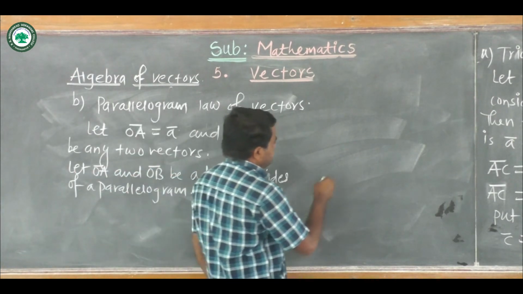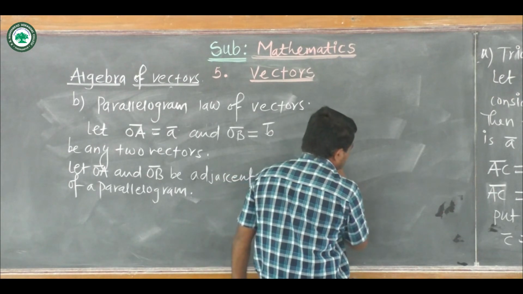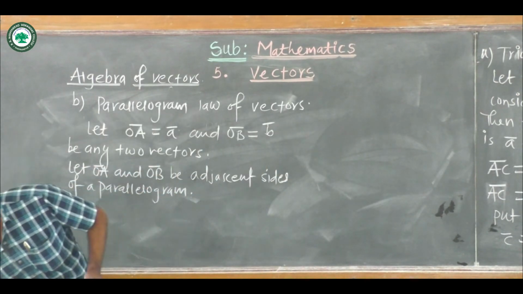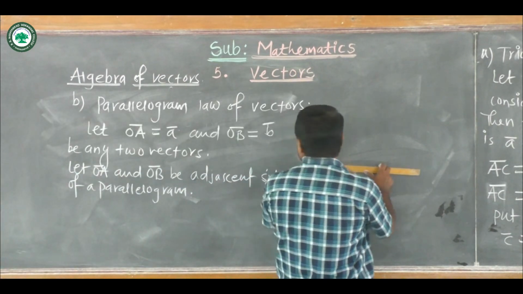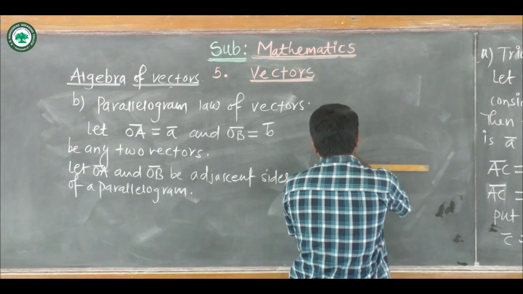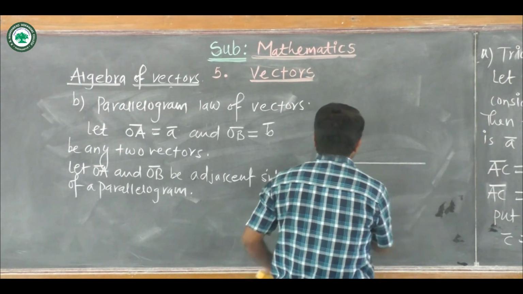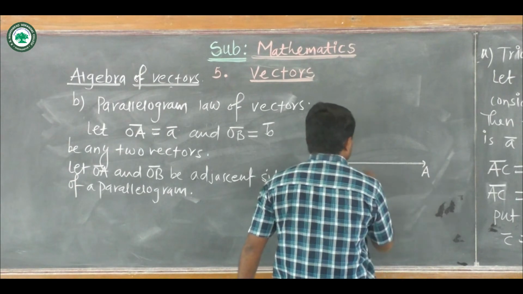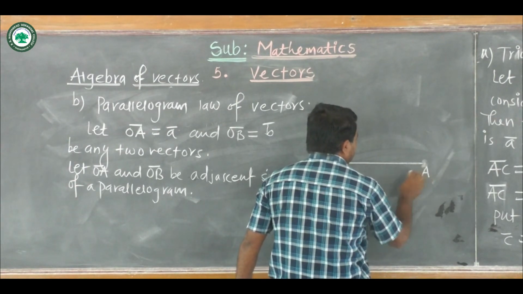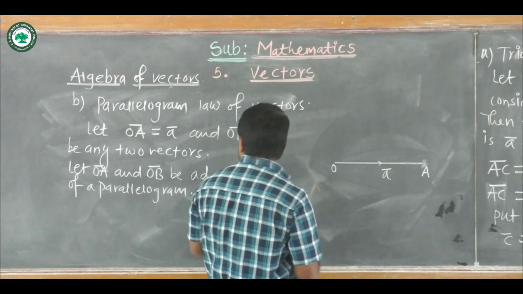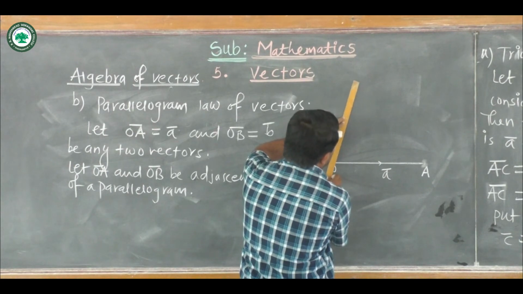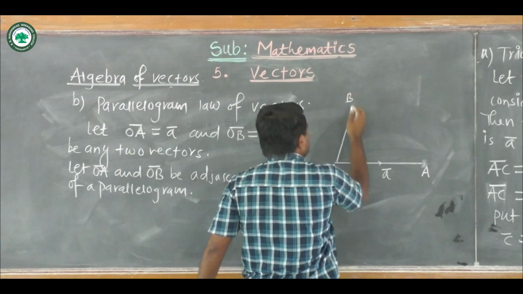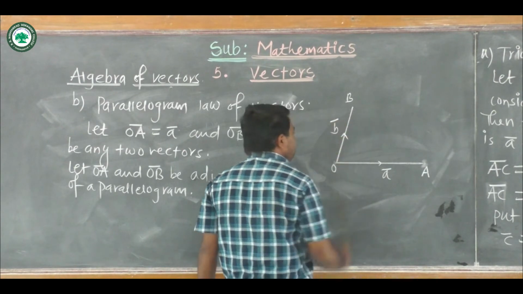So see, we draw the figure here. We have OA bar, this is A bar, and we have another vector OB bar. This is B bar.